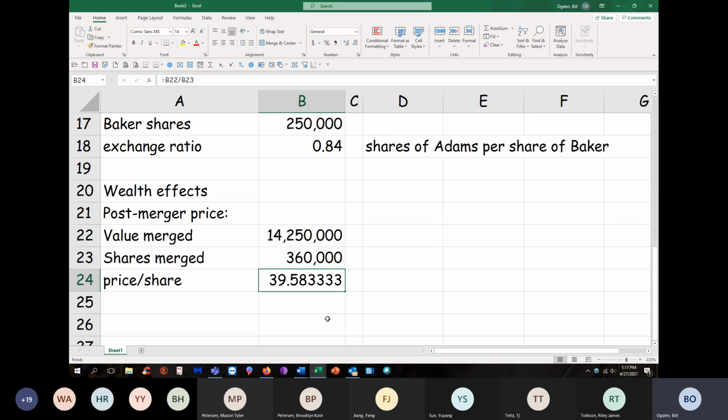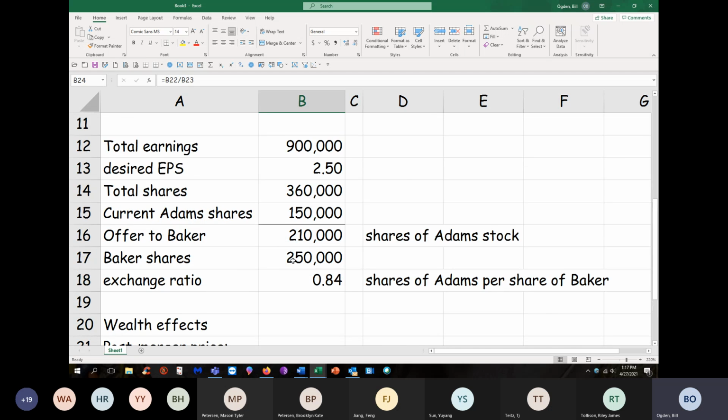Okay, I asked my question prematurely before. The question would have been, do you see any red flags for either company at this point? Yeah, well, I see 39.58. That's the price per share. Well, if you were a shareholder in Adams, what did you have before in the market?